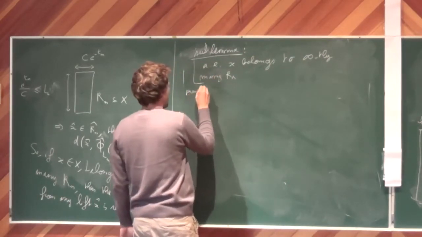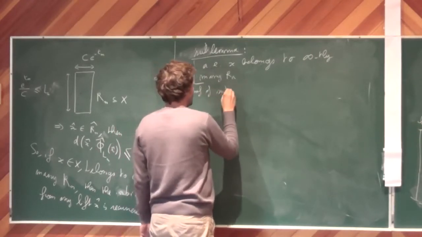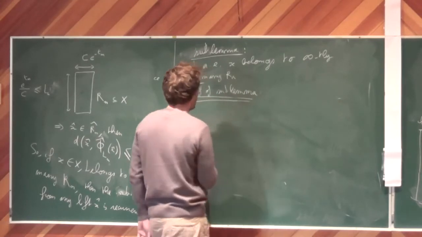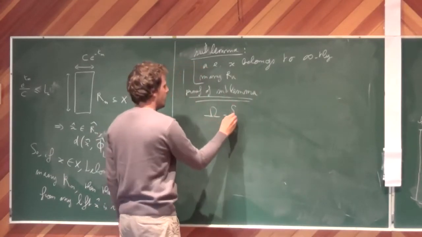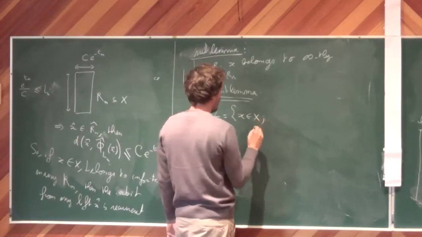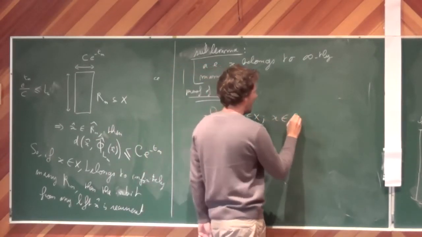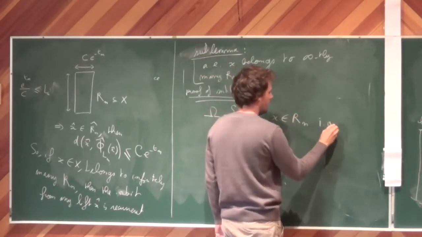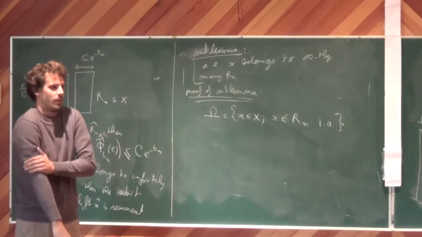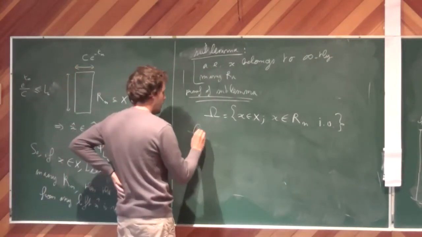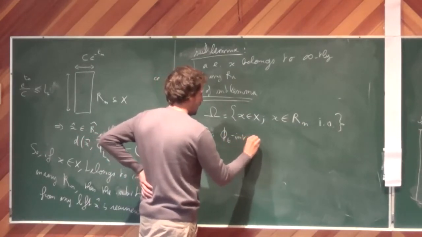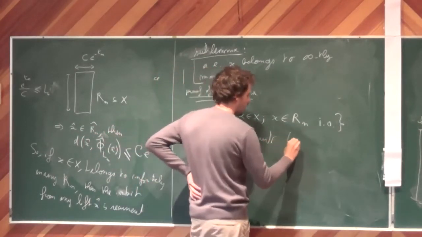So what is the proof of the sublemma? You consider the set omega of x in X such that x belongs to Rn infinitely often. And the claim here is that omega is phi t invariant, mod 0.